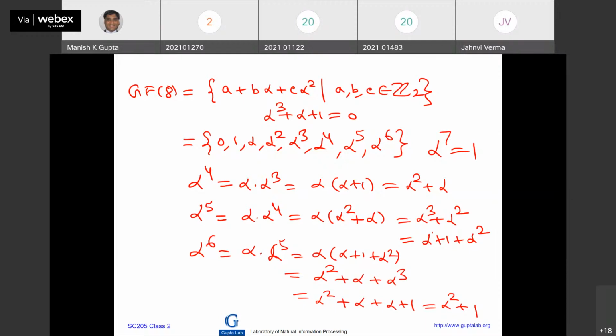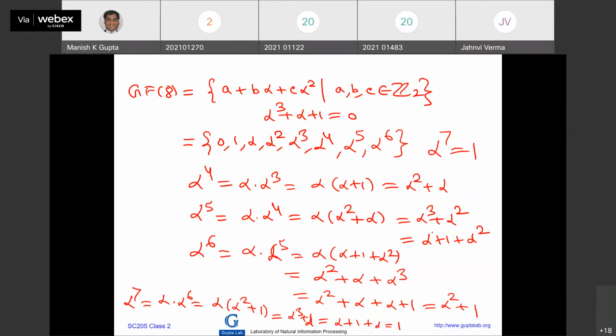Okay. And then alpha raised to power 7: alpha into alpha raised to power 6 is alpha plus 1 plus alpha, which is equal to 1.